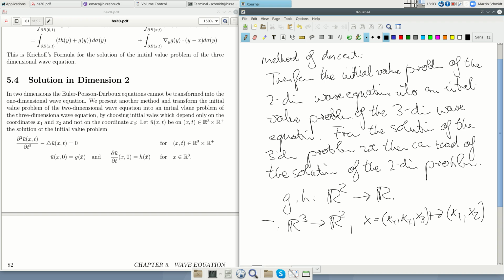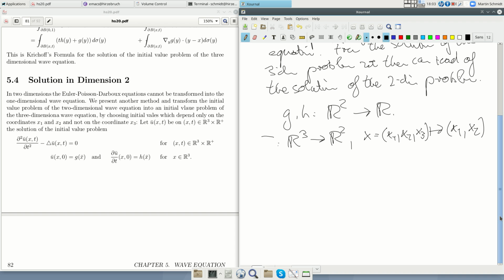This means we forget the third component. Now we define new functions, and we look for a solution, solving the following problem.